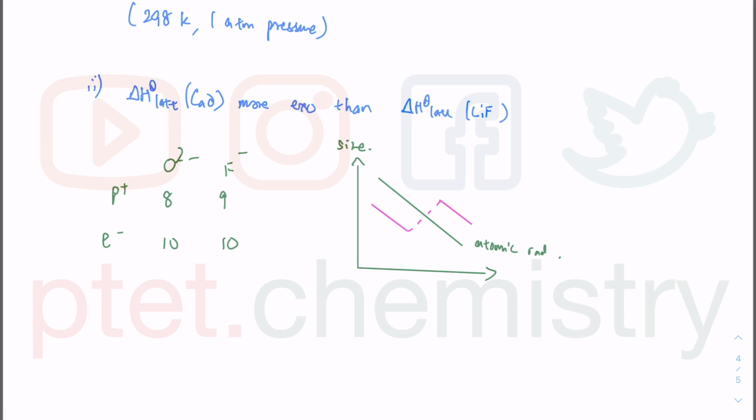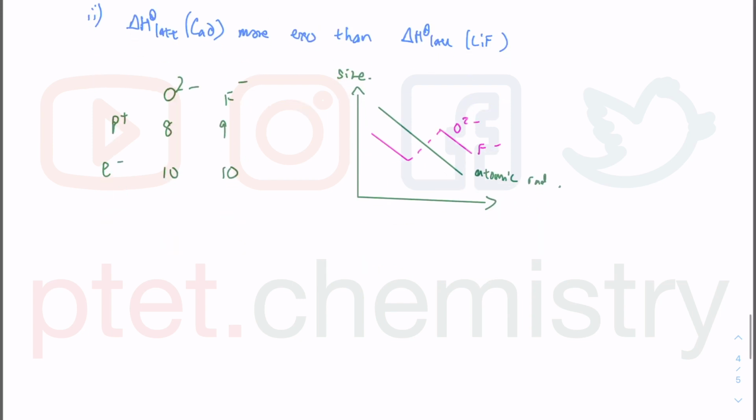So if you have O2 minus there, F minus will be there, for example. Of course, the usual trend they ask for is the atomic or ionic radius across the third period, but it's periodicity, so the same trend is repeated in the second period. Anyway, going back to the focus of the question: why the lattice is more exo than the lattice of lithium fluoride.